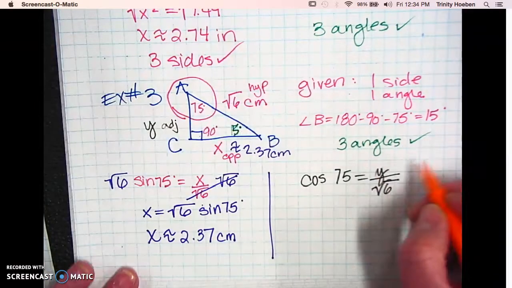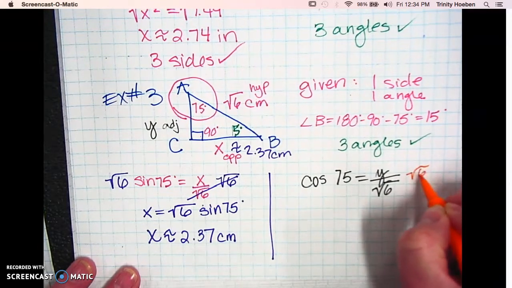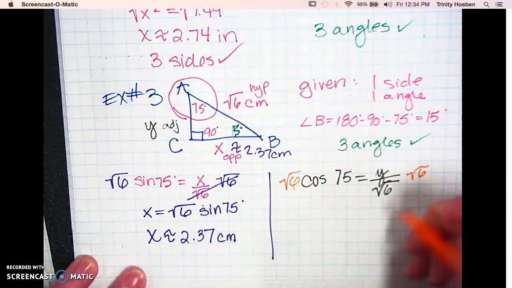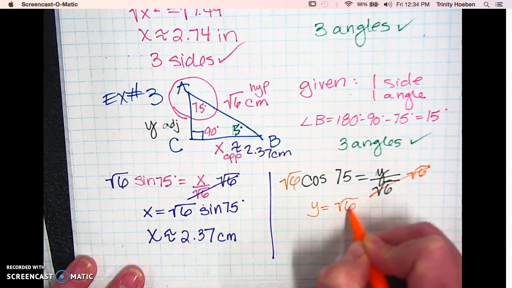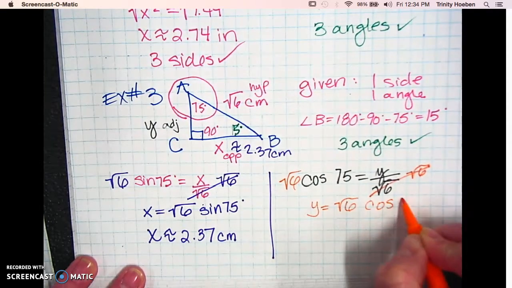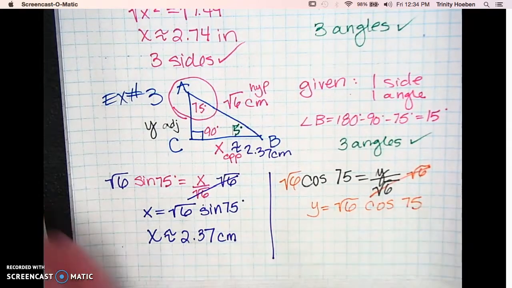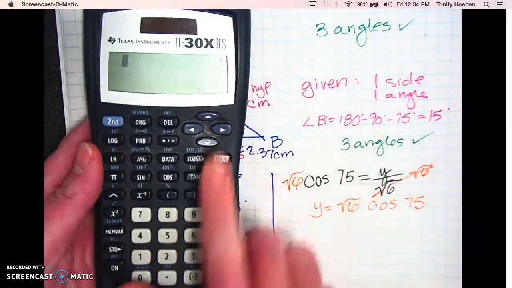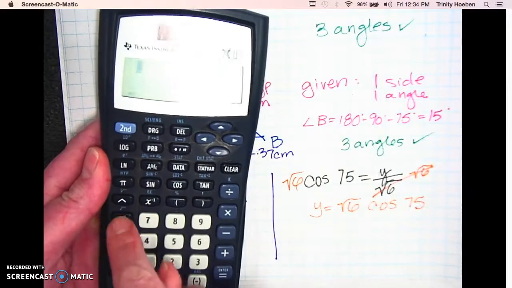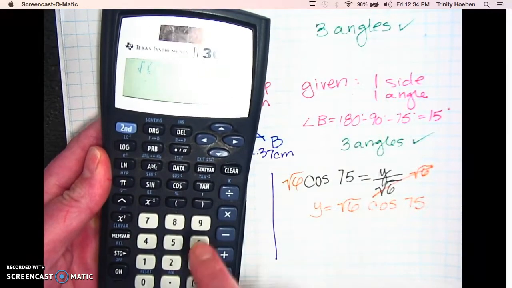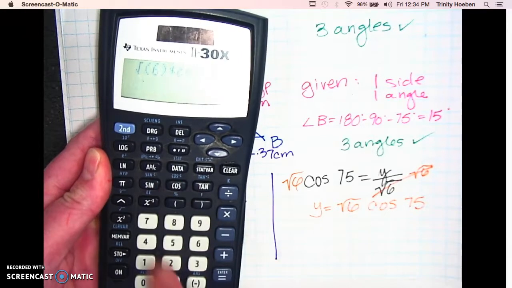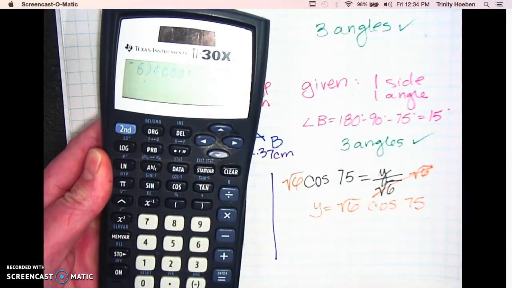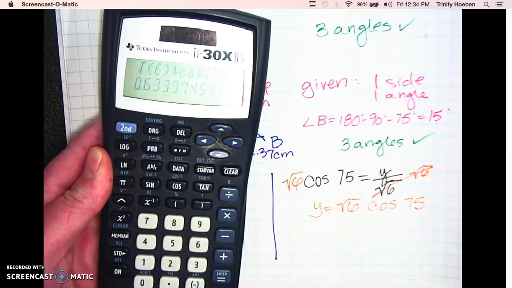So I'm going to multiply both sides by the square root of 6. So that they cancel out over here. And I get y equals the square root of 6 times the cosine of 75. And let me show you quick how to type in the calculator, but it's the same. Second square root of 6. Close that parentheses, multiply it by cosine of 75. Get this crazy decimal again.